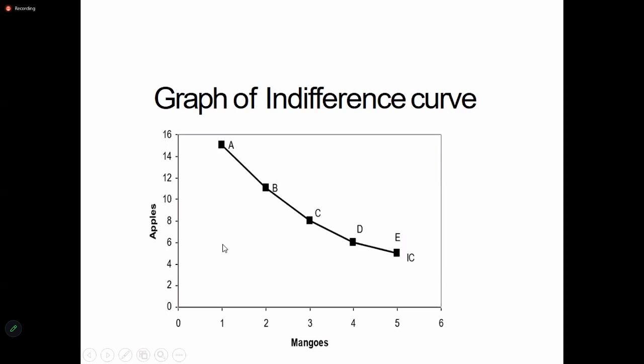If you take 6 apples and 5 mangoes, it gives the same satisfaction. So along the indifference curve, the consumer gets the same satisfaction. That's why you need to keep this in mind.